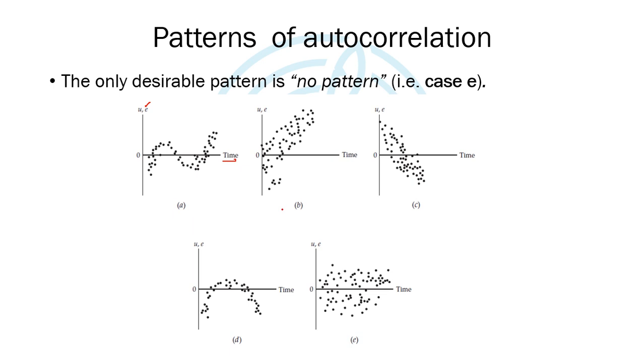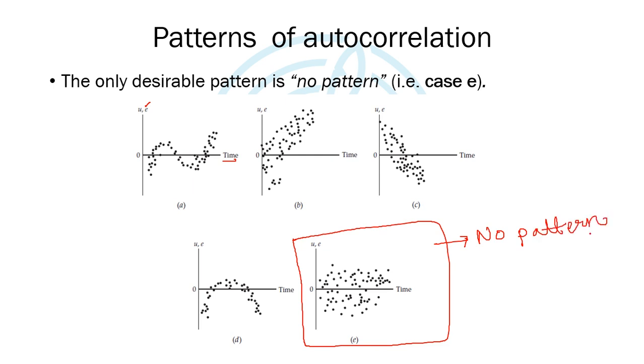Now the only desirable pattern is the one given in E. Let me erase this, in case it's covering the entire chart. Yes, this is the only desirable pattern, that is, there shouldn't be any pattern. If I plot all the residual terms against time, I should not observe any kind of pattern, and this is the only graph which satisfies the OLS assumption of no autocorrelation.